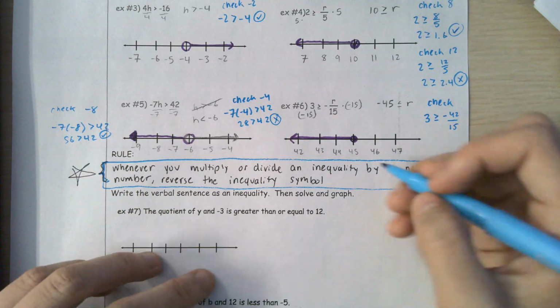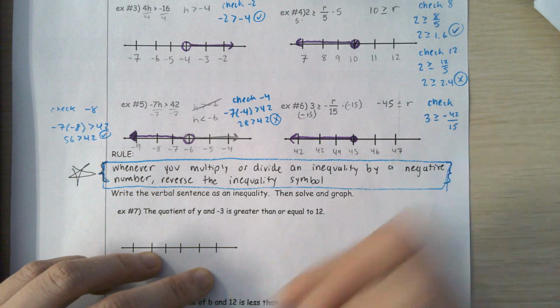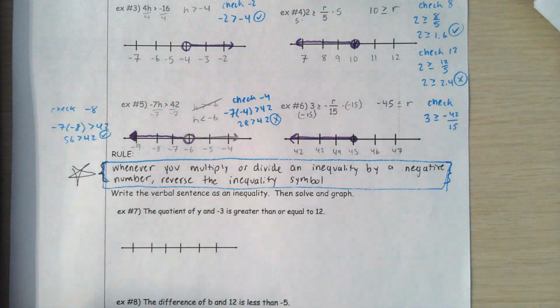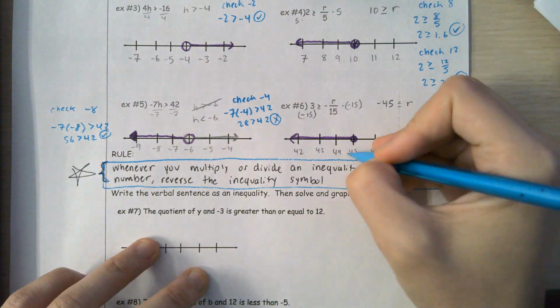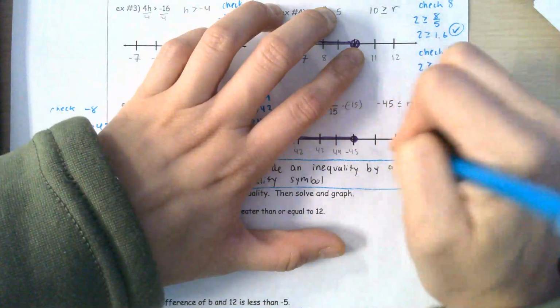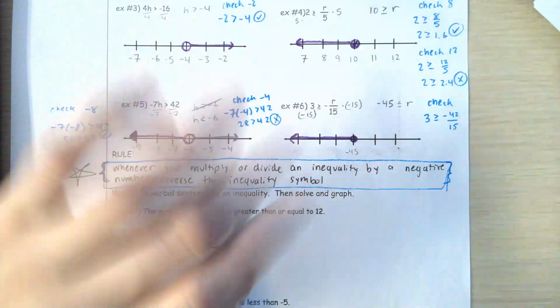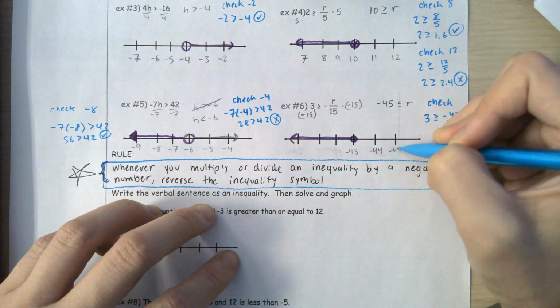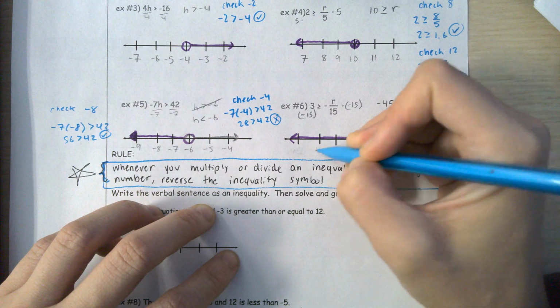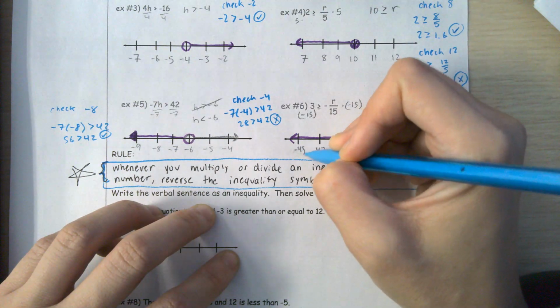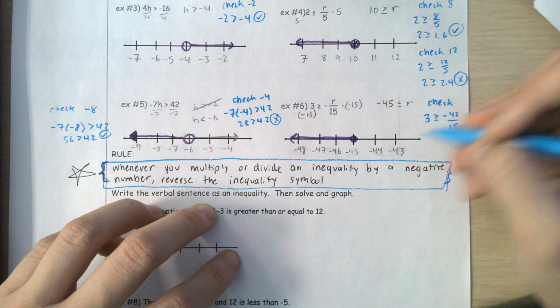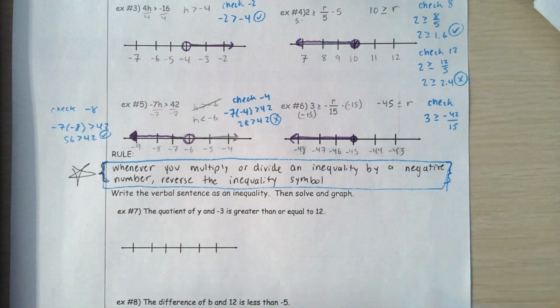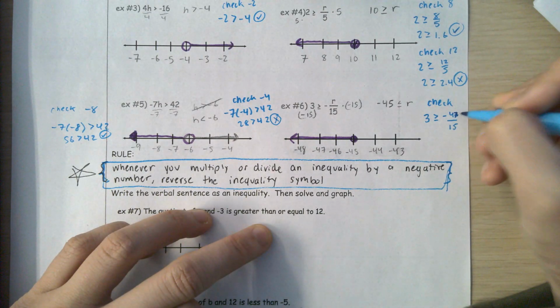Or not, yeah. Oh, wait, I wrote this wrong. This is -45, -44, -43, and then -46, -47, -48. So I should be checking negative, let's check -47.